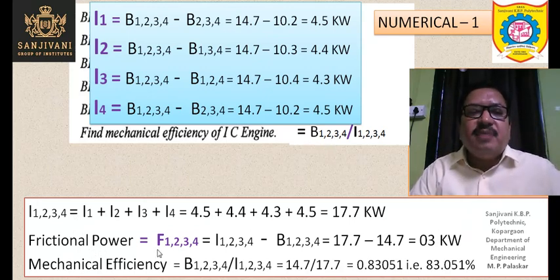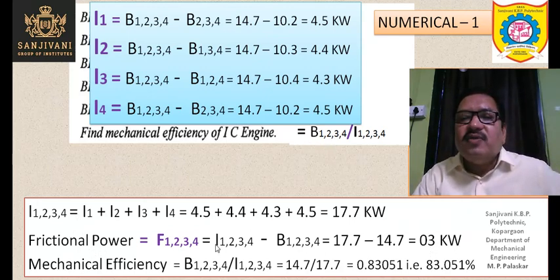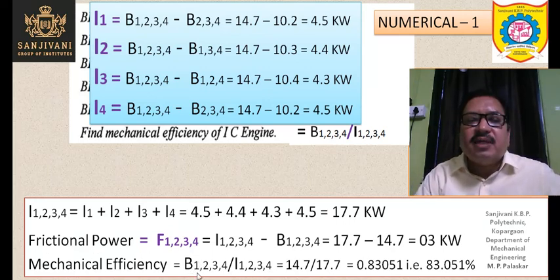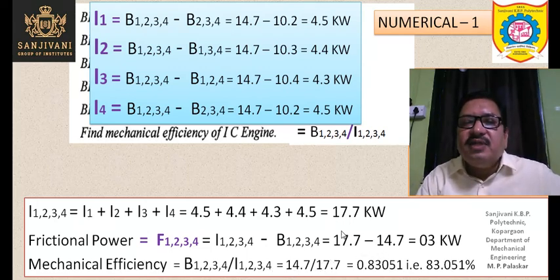So the frictional power we have found out, that is 3 kilowatt, and the mechanical efficiency is the ratio of brake power and indicated power. So overall brake power B1234 is 14.7, and I1234 is 17.7, which we already calculated, and we get 0.83051, that is 83.051% is the mechanical efficiency of the engine.